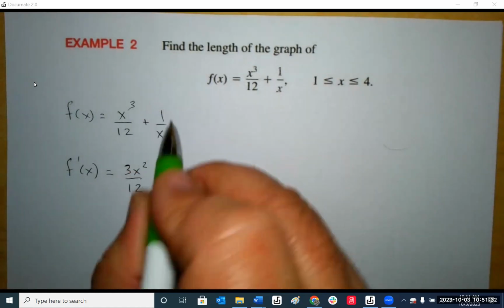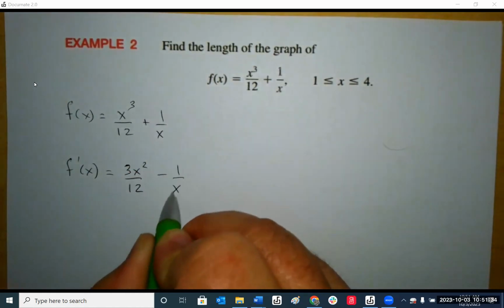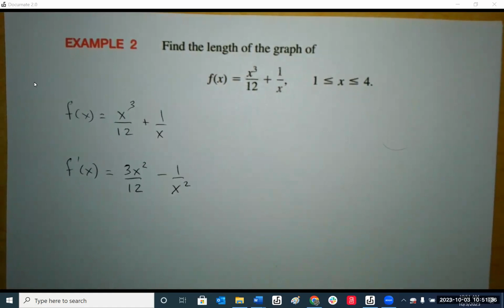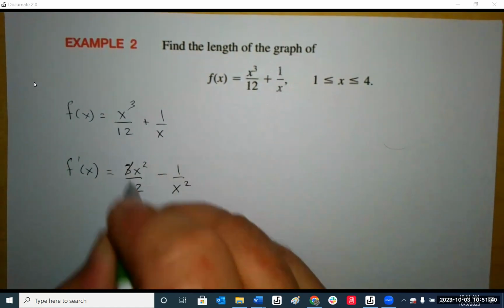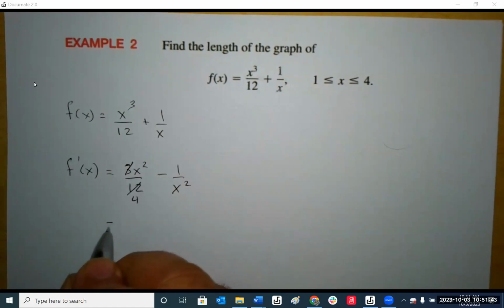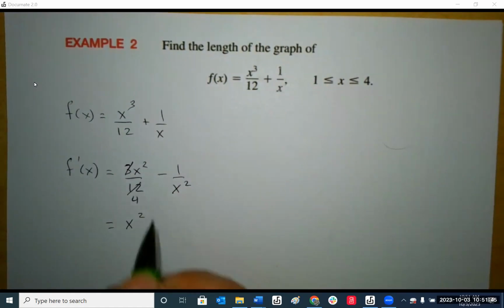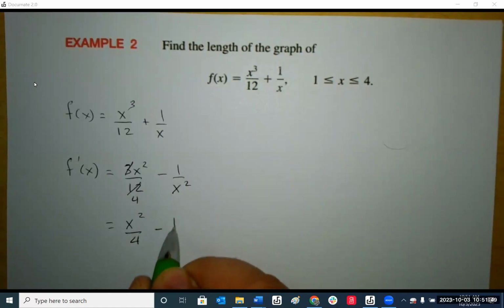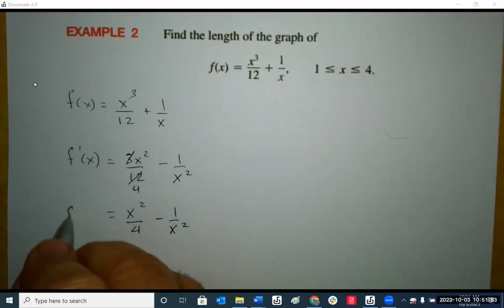This one becomes -1, so it's -1 over x squared. So it's x squared over 4 minus 1 over x squared. That's our first derivative.